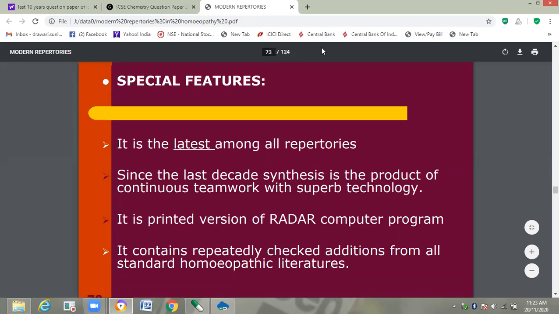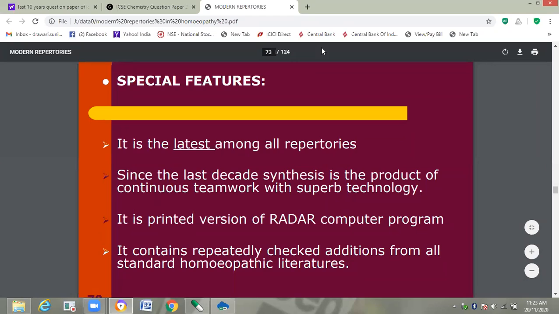Excluding synonyms, a large number of new remedies, that is 3712 remedies, and new authors and new references are included in this repertory, Synthesis 7th version.